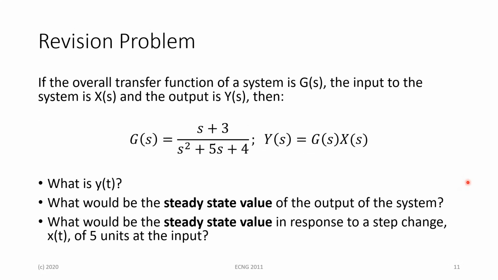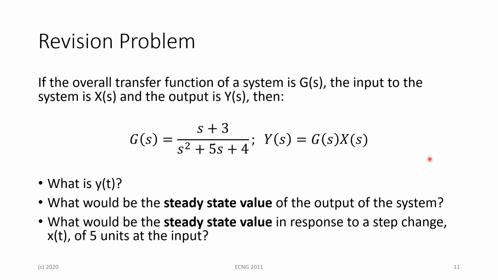Last slide. Oh, alright, okay. So, in solving for the steady state value of the output of the system, you're going to be evaluating this with respect to y of s.